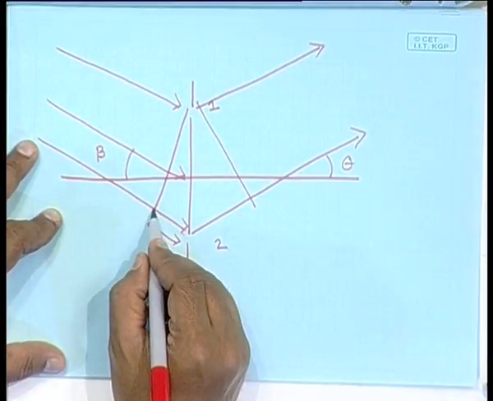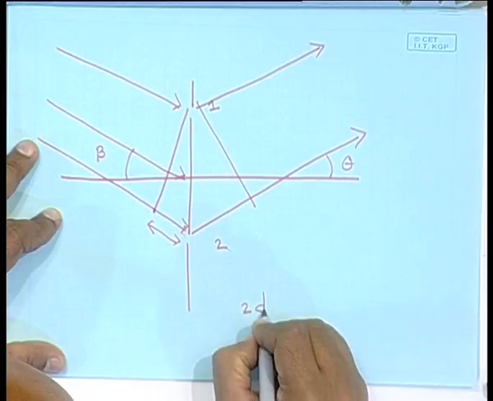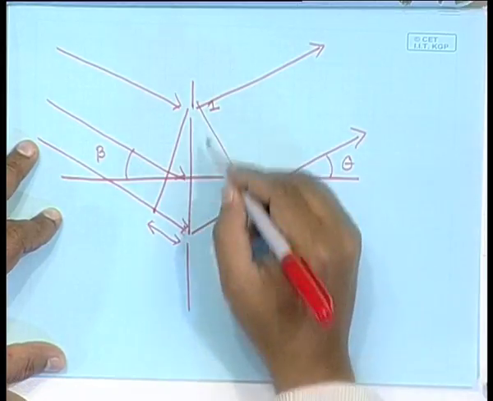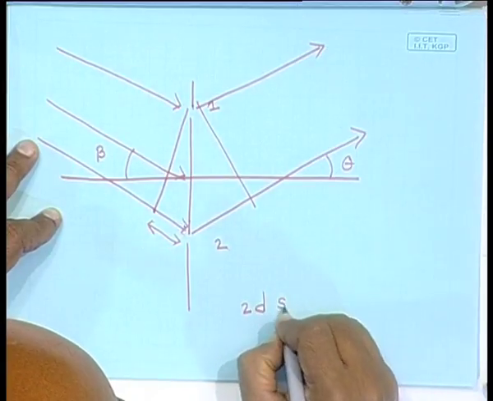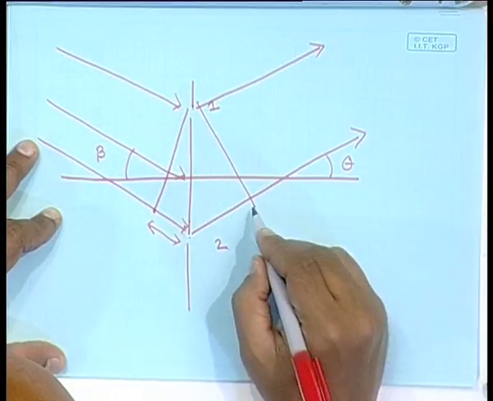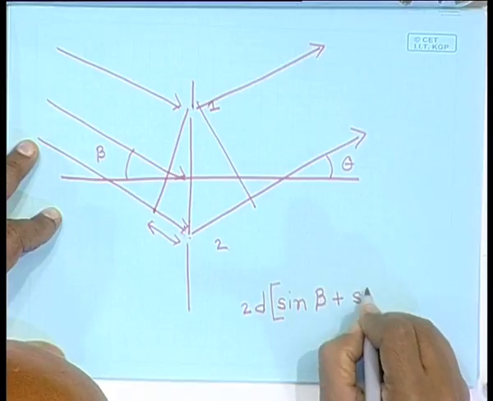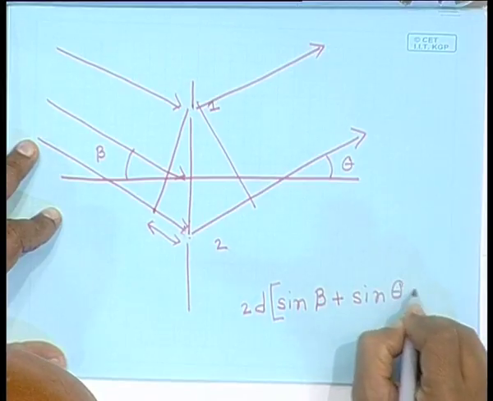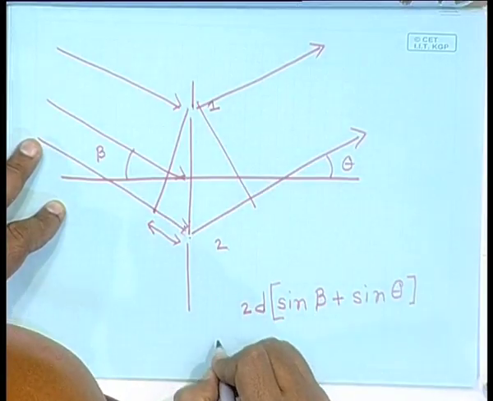The path difference over here is d sin beta. d is the separation between the two slits. And the path difference over here is d sin theta.